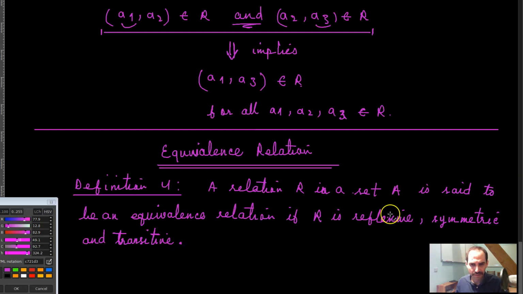So if R is reflexive, symmetric, and transitive at the same time, then you can say that the relation R in set A is an equivalence relation.